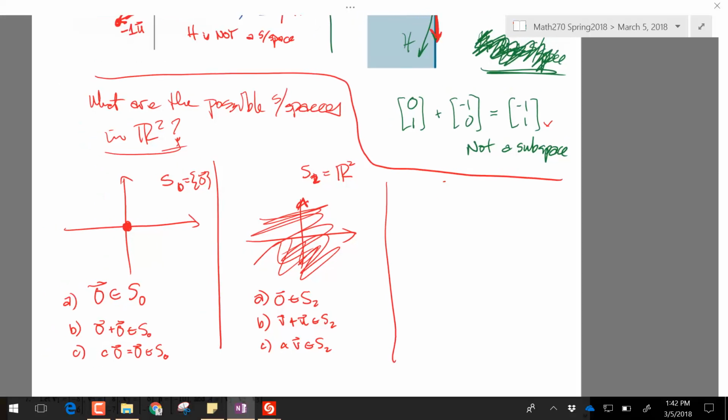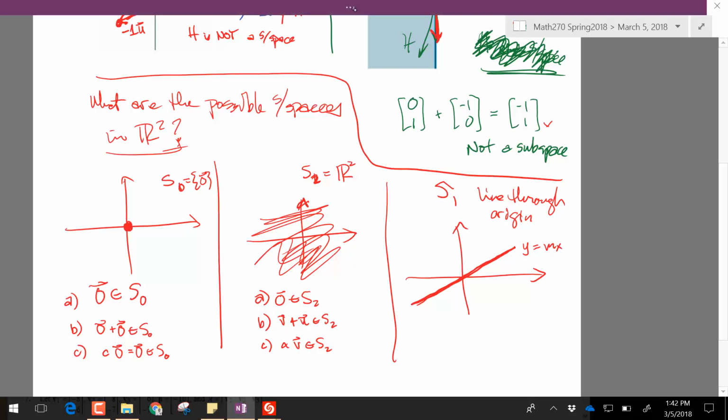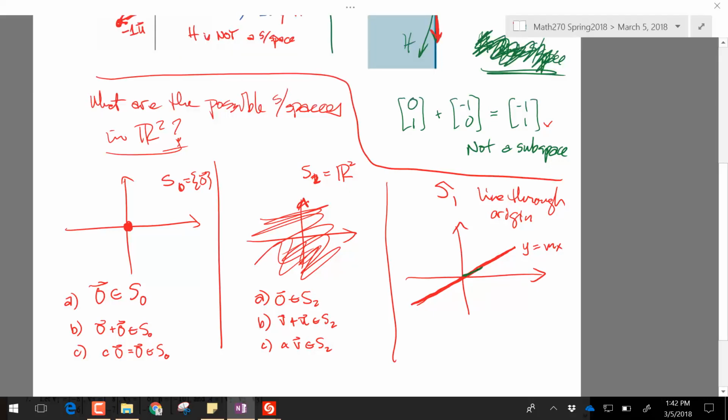Yeah. So if we have any vector going through that line, let's call this a vector v.